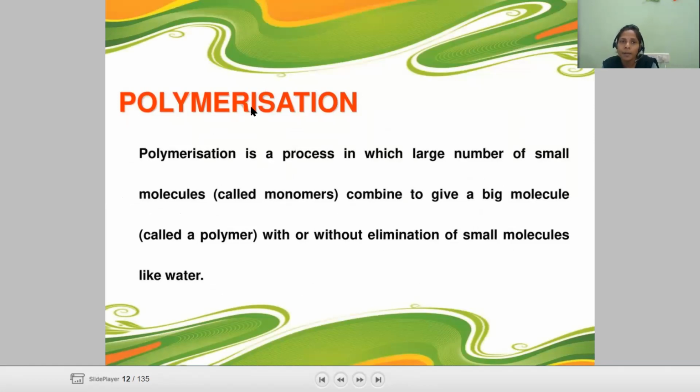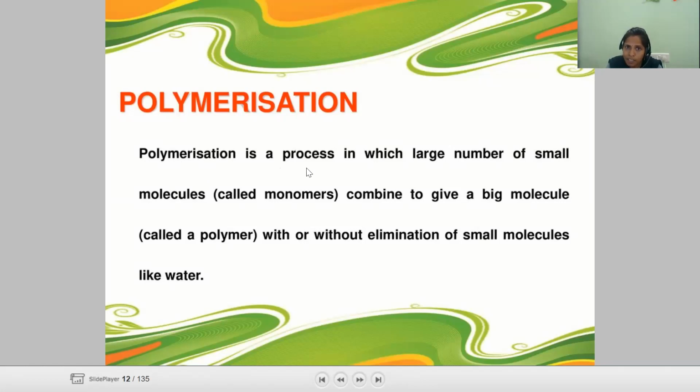Now let us see polymerization. What is meant by polymerization? Polymerization is one of the processes. What process here? The process of formation of the polymer. How the polymer is synthesized, that particular process is called polymerization. Let us see the definition.